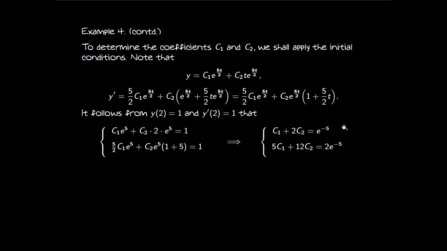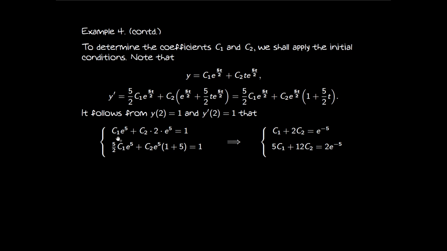Okay, now we can apply the two initial conditions. So this time, once again, they are given at t equal to 2. So we just need to replace the t values by 2, right? In particular, for the first one, when t is 2, y is 1. So when we replace t by 2, the 2 will cancel the half, right?